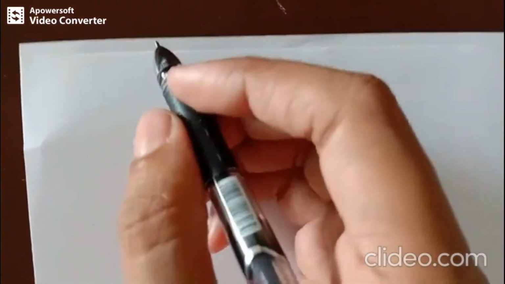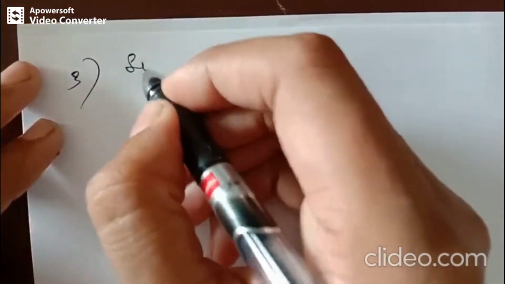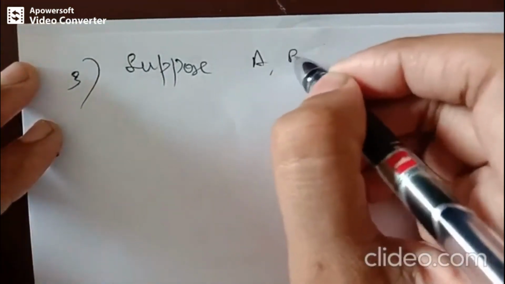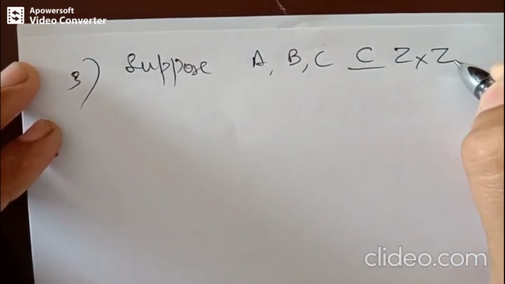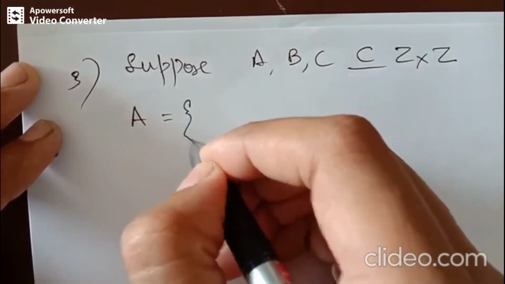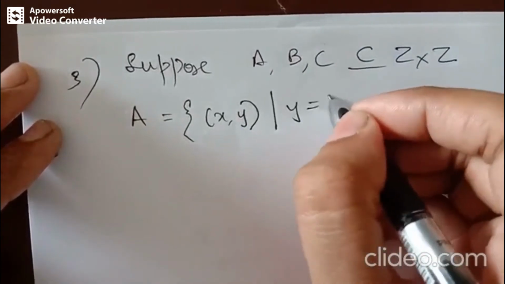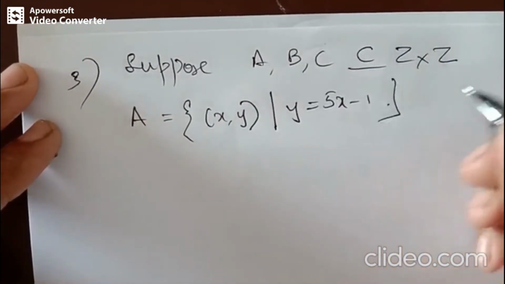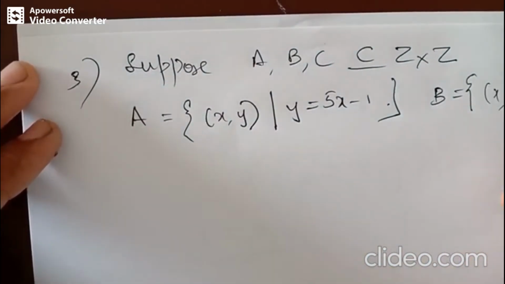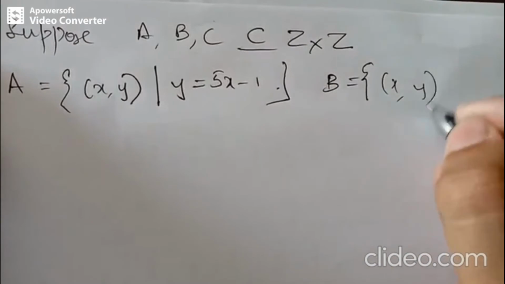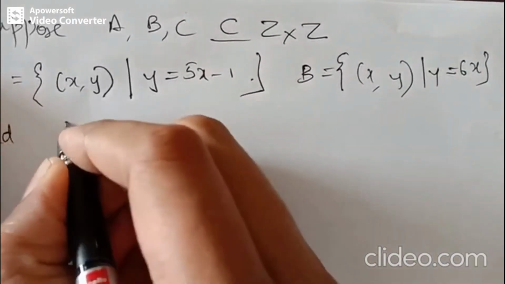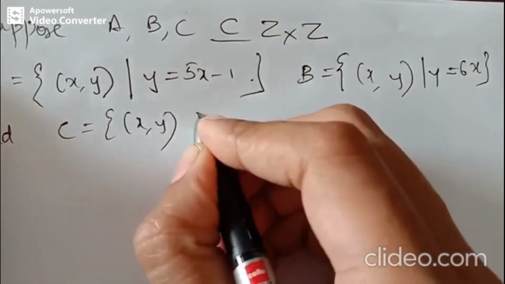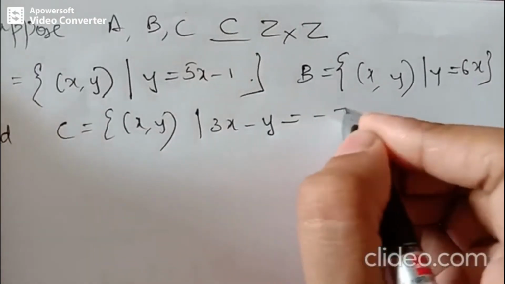Okay. So next you may be given a problem. So let's say the question says, suppose A, B, C is the subset of Z cross Z. So Z is the set of integers, and with A the condition is given as the ordered pair x, y such that y equals 5x minus 1, and B is the ordered pair x, y such that y is 6x, and C is the ordered pair x, y such that 3x minus y is equal to minus 7.